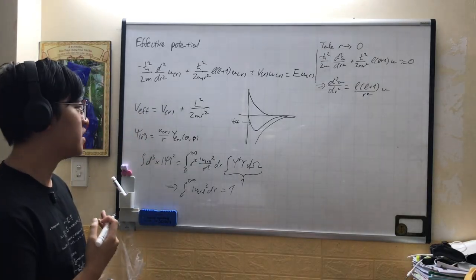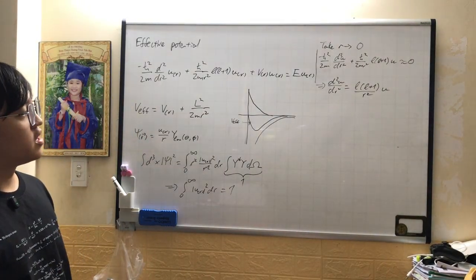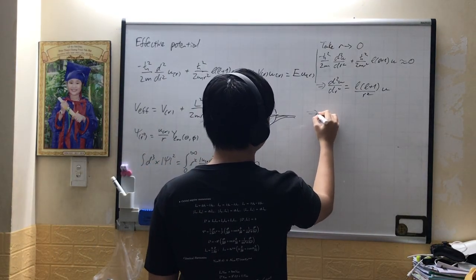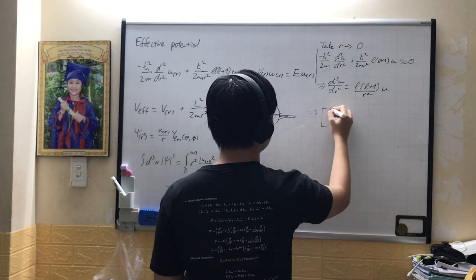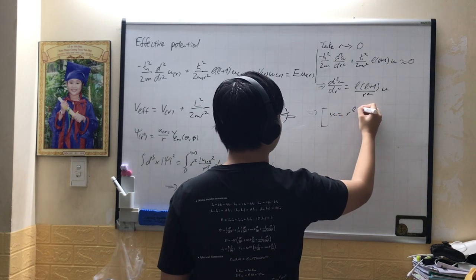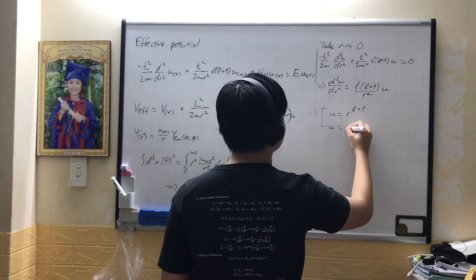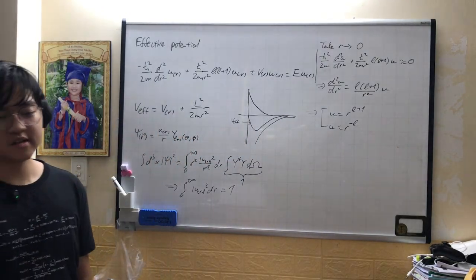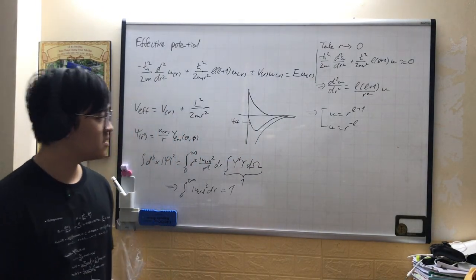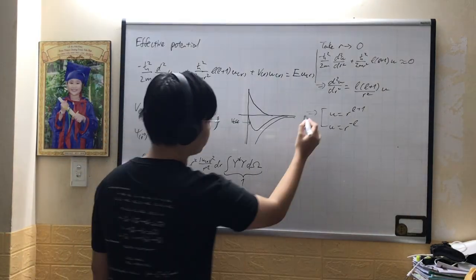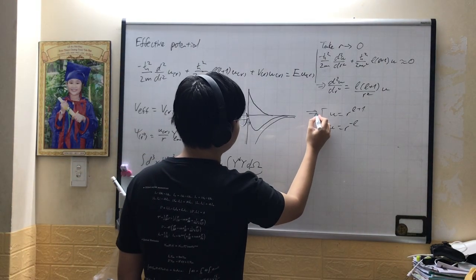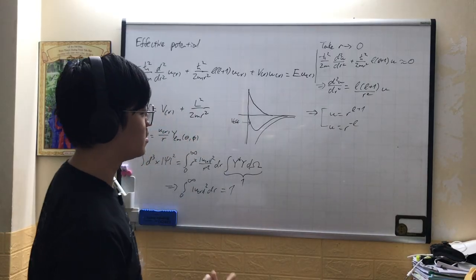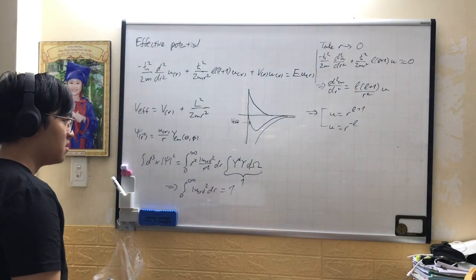Now we're taking the limit of it, so this would be an Euler-Cauchy equation. I won't be solving this, but your solution would be either u equal to r to the l plus 1, or u equal to r to the minus l. These are your two options. Right off the bat, you can say that r to the minus l is not valid.